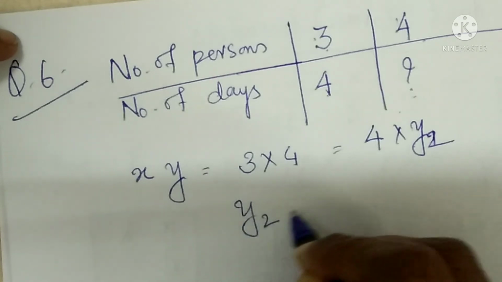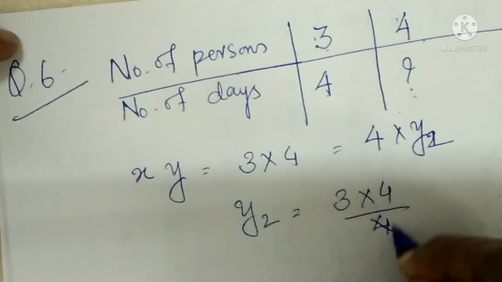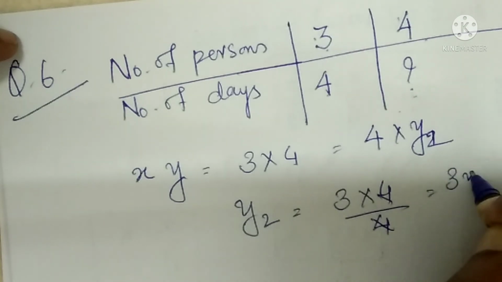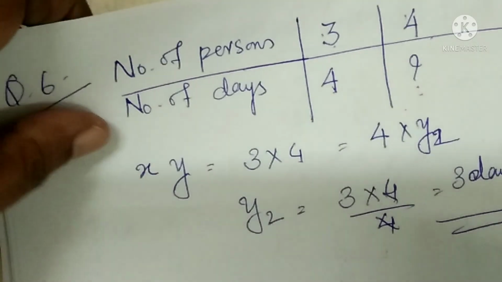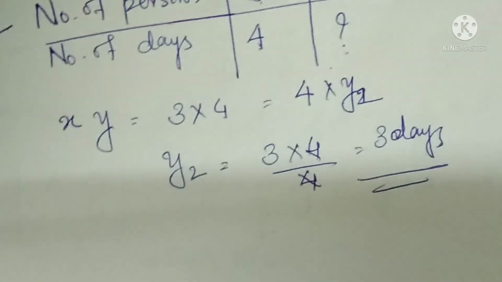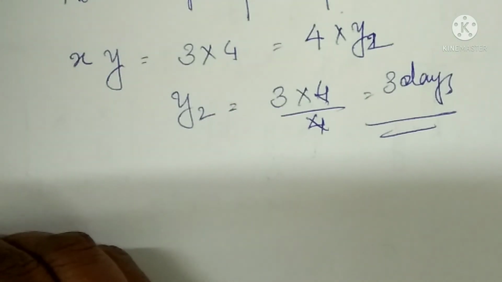So y2 is equal to 3 into 4 upon 4. That is, they will take 3 days to complete. See, if 4 people are taking 3 days, 3 people will take 4 days. Or if 3 people are taking 4 days, 4 people will take 3 days.